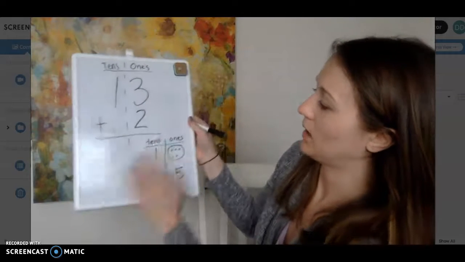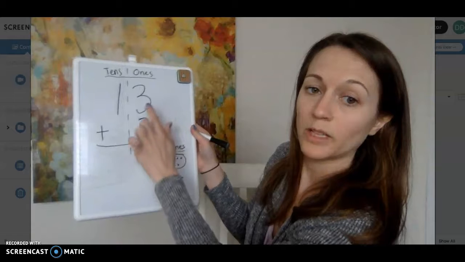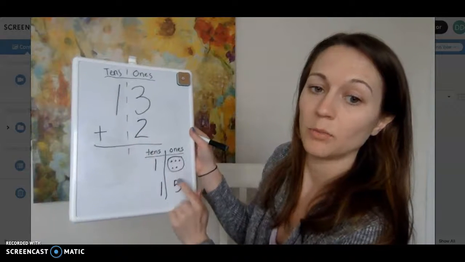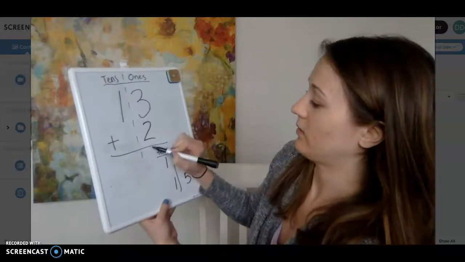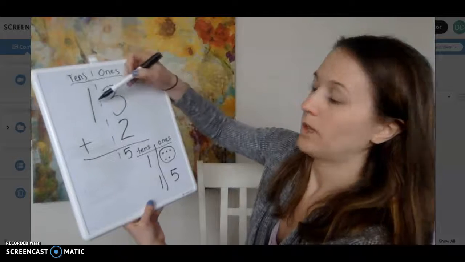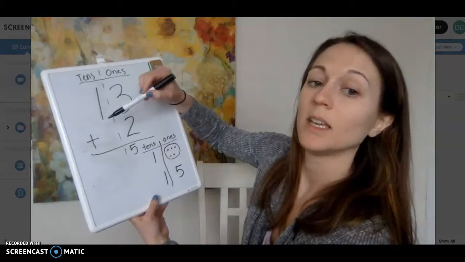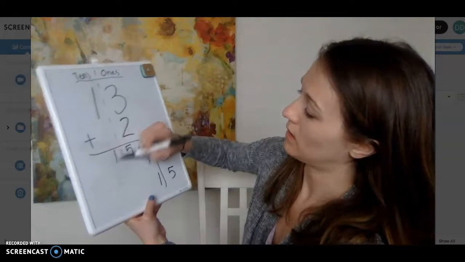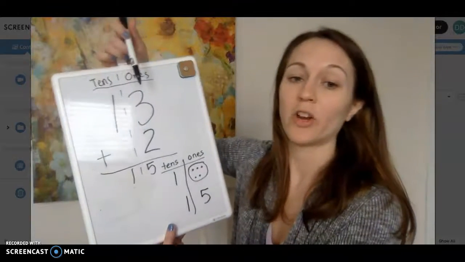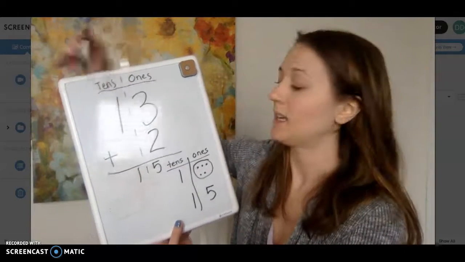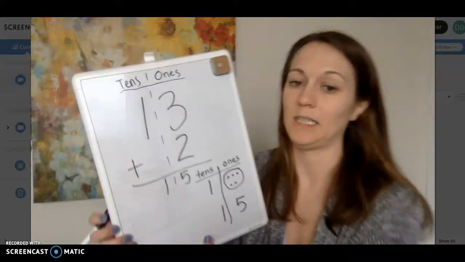So I can add going down. What is 3 plus 2? We already figured that out. It is 5. What is 1 plus, is there anything here? No, so 1 plus nothing equals 1. So therefore, 13 plus 2 is going to equal 15.